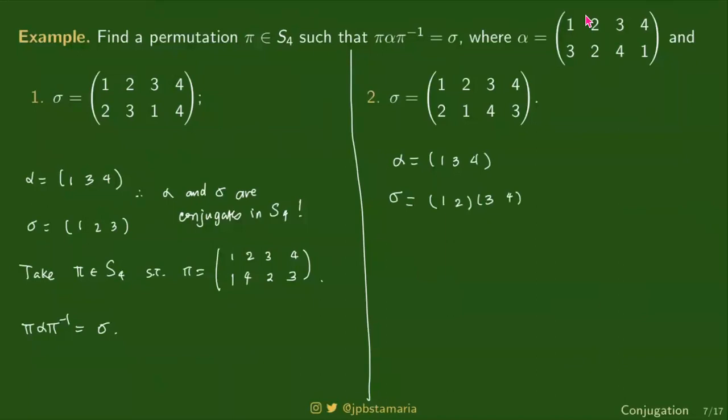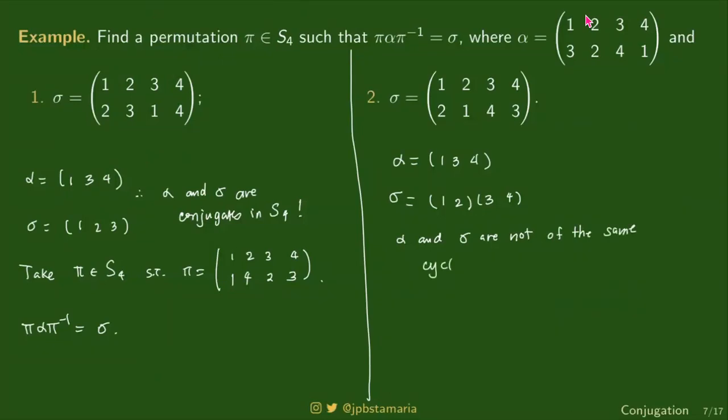So this time, sigma is a product of 2 disjoint 2-cycles or transpositions, if you may want to call this. So therefore, alpha and sigma are not of the same cycle type.